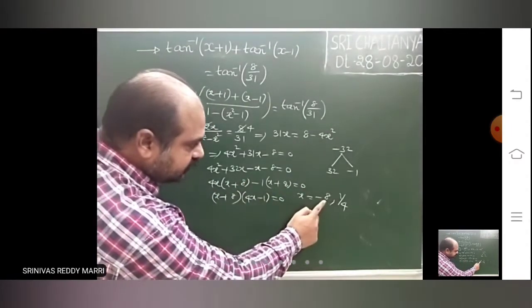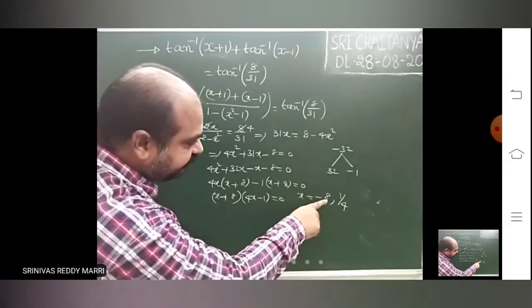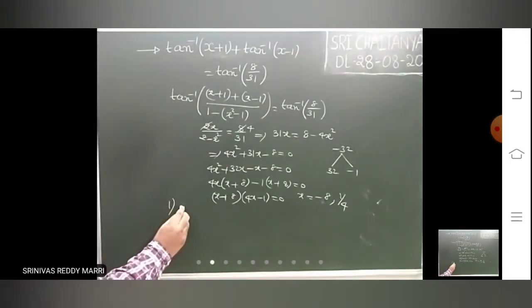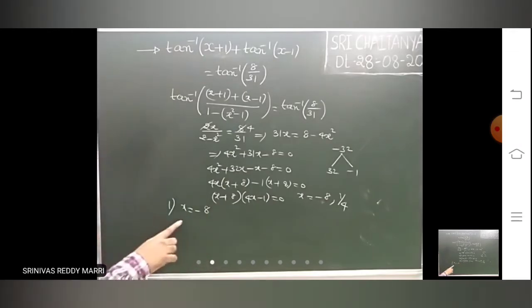So now you don't just write the number of solutions or two solutions. Suppose you check this one. So minus 8, number 1. Let us check. Why to check, I will tell the reason afterwards. Look at this.